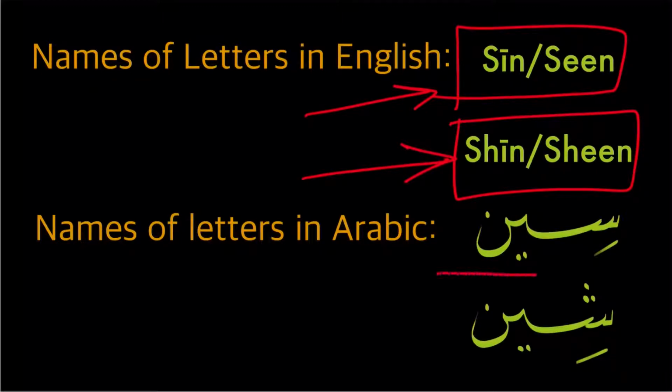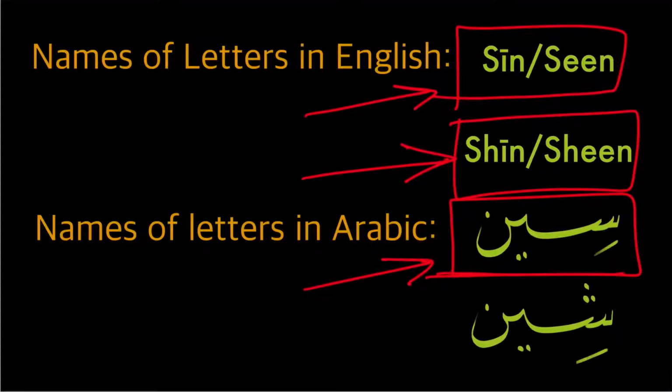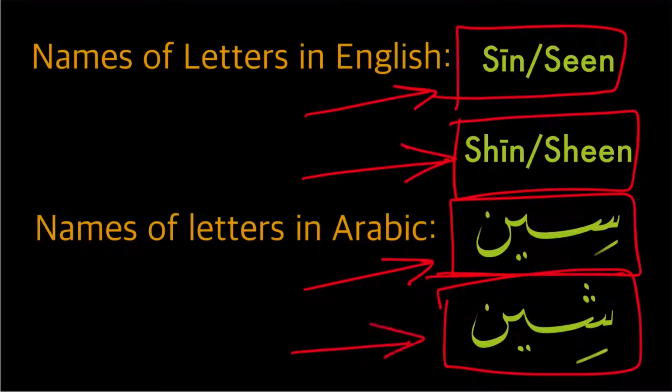In Arabic, this is how we write the full name of the letter Sa or Sīn, and this is how we write the full name of the letter Sha or Shīn. I recommend memorizing the full name of each letter. It makes your life easier for future communication regarding the Arabic alphabet.